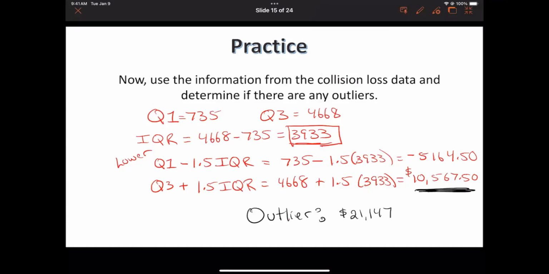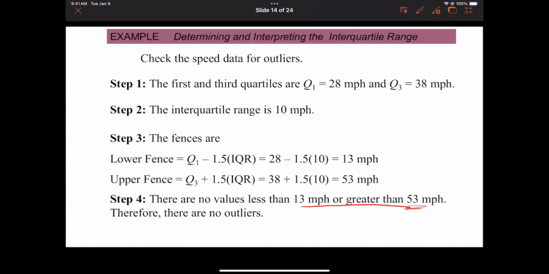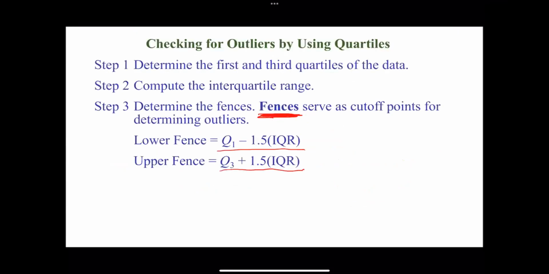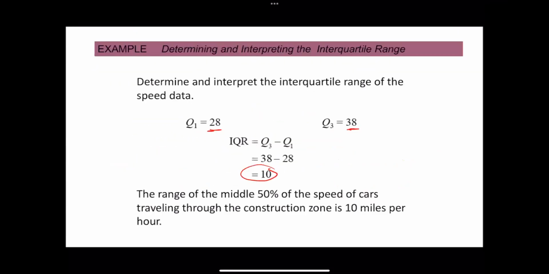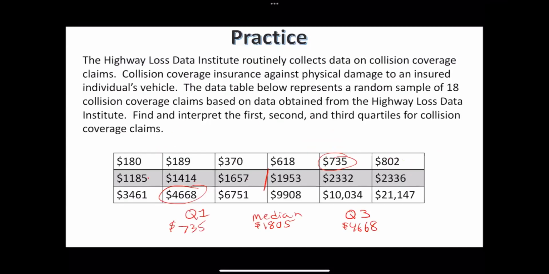So I'm going to hopefully not hurt your head by bouncing back really fast. But looking back at this data here, this value is higher than that upper fence that we had of 10,567.5. This one right here is close, but it's still under it. It's still inside that fence, so that's fine.